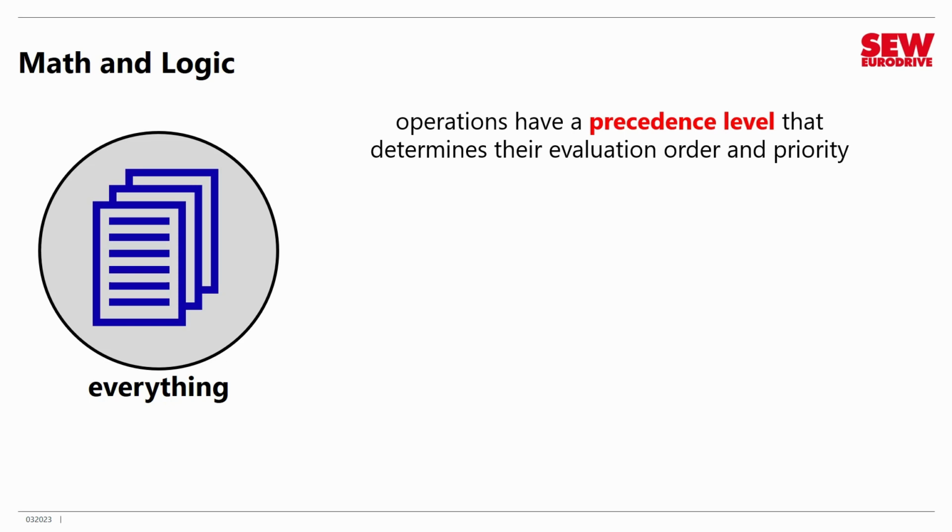When you took a math class and learned about algebra, for example, you learned about how to evaluate things as you work through an equation from left to right. You learned that certain things happen first and other things come later. The same thing is true in any programming language. For example, multiplication and division have a higher priority than addition and subtraction, so they get evaluated first.